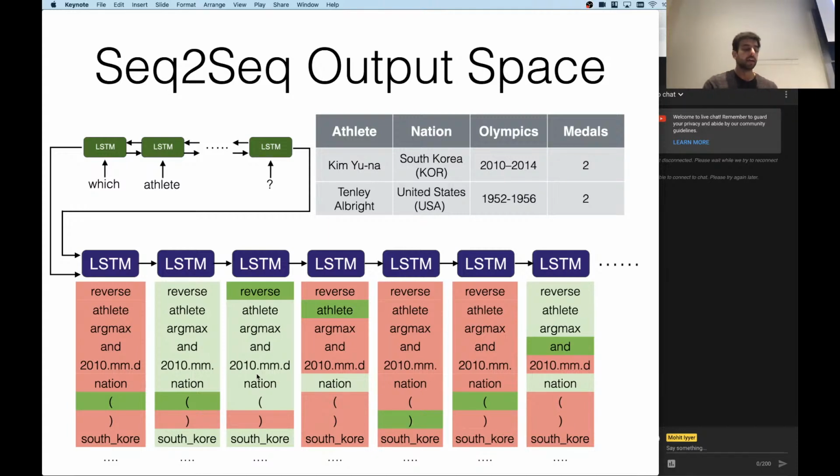And if you're doing something like sampling from the distribution at every time step, you will have a chance of generating any of these other tokens, which would immediately make your logical form invalid. So this motivates what's known as constrained decoding, where if you know the constraints of your meaning representation ahead of time, you can actually encode them into the decoding process.